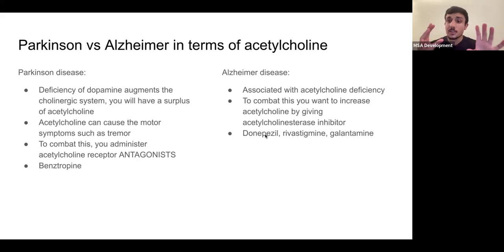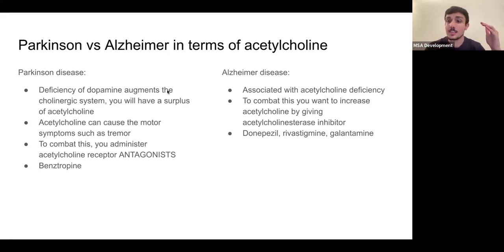What's so important here is to remember that you want more acetylcholine in Alzheimer's disease. You do that by giving acetylcholinesterase inhibitors. You block the enzyme. Very important. Why is that important? Because it's the opposite case in Parkinson. In Parkinson, because you have less dopamine, there's going to be a higher level of acetylcholine.